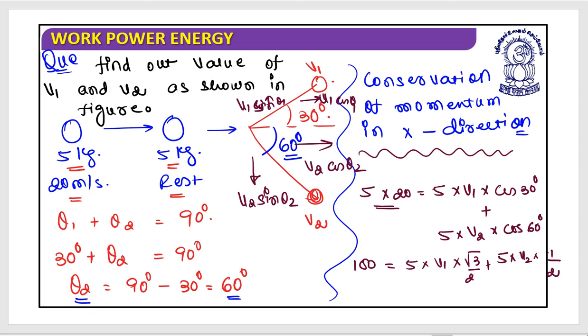The 5 cancels, so we are left with 20 equals root 3 by 2 v1 plus v2 by 2. So this is our first relation.